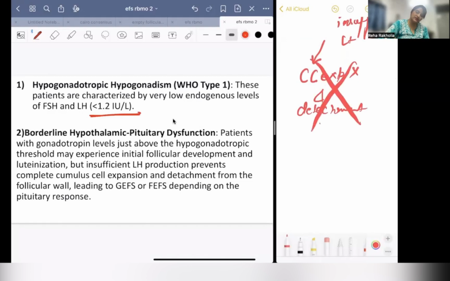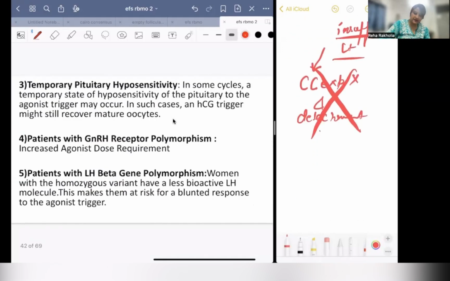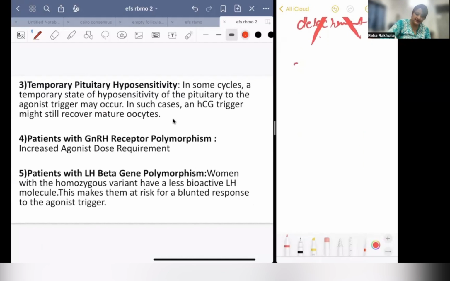These won't happen because of insufficient LH if there is borderline hypothalamic pituitary dysfunction. Third is temporary pituitary hyposensitivity. If there is temporary pituitary hyposensitivity, an HCG trigger may work. We can give an HCG trigger and that may work.